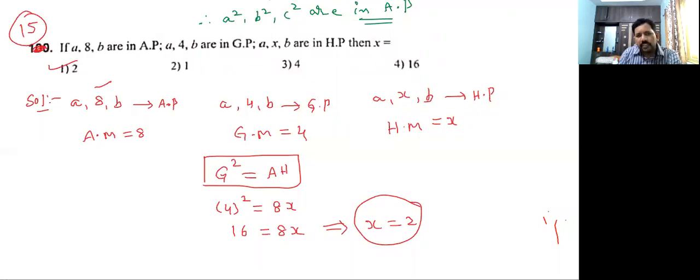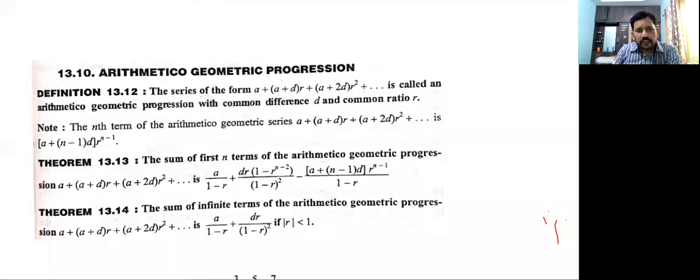This is also a very easy question. Till now we have discussed AP, GP, HP. Now this is AGP, arithmetic geometric progression, mixed with the arithmetic and geometric. So here observe: a plus d into r, a plus 2d into r square, and so on.